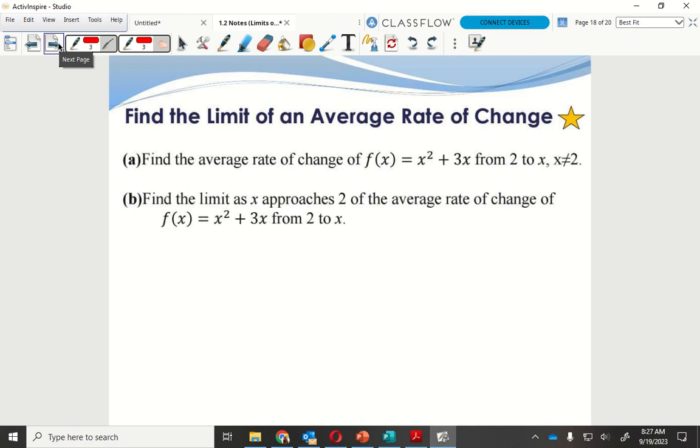Okay? Find the average rate of change using this from 2 to x, where x cannot equal 2. So this is an AP question. I want you to plug in using this.